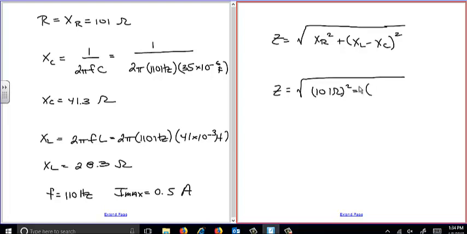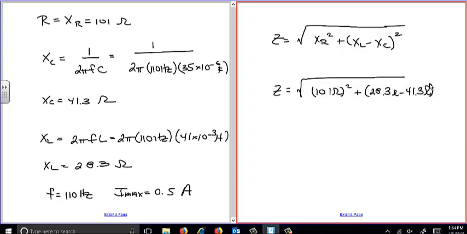Then we take X sub L, which is 28.3 ohms, minus X sub C, which is 41.3 ohms.